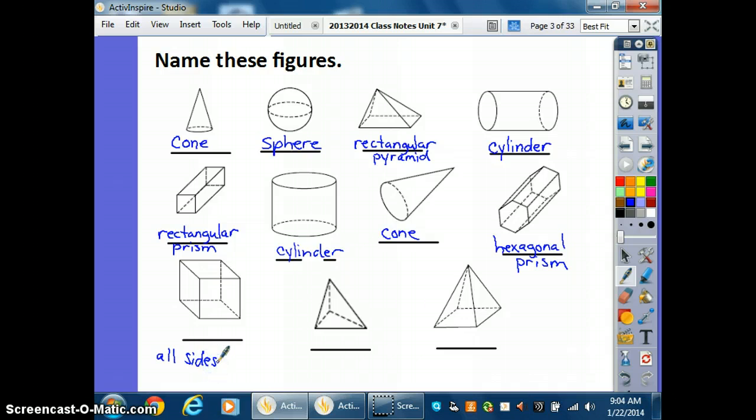Not sides, but all the polygons I meant. That would make this then a cube. Okay. This is a triangular pyramid. And then it has another name. It can also be called a tetrahedron.